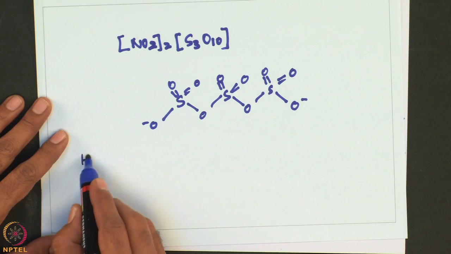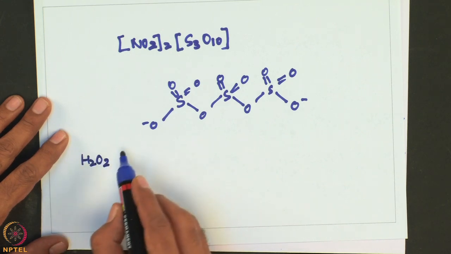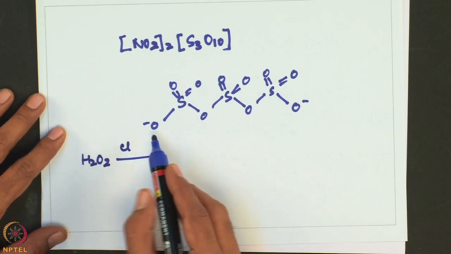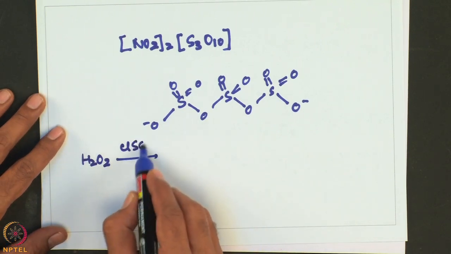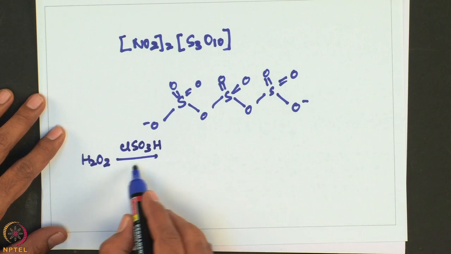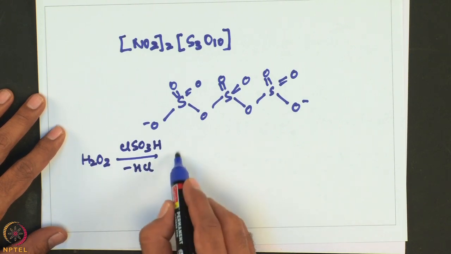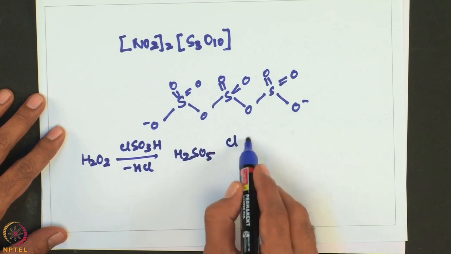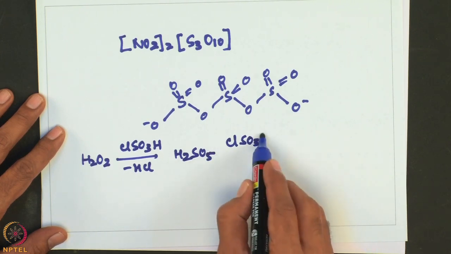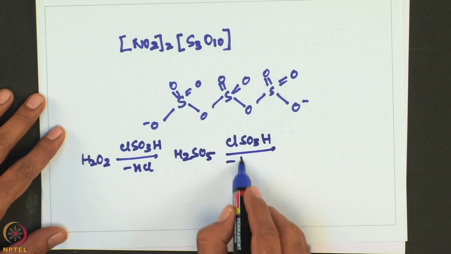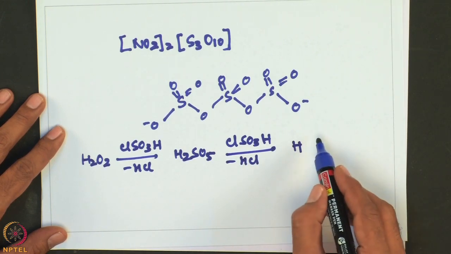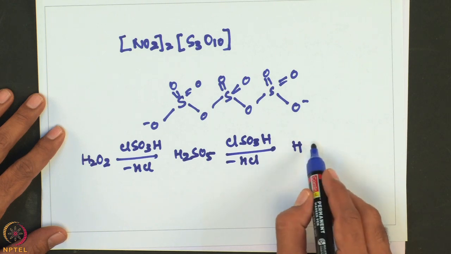For example, H2O2 with chlorosulfuric acid, chlorosulfonic acid, gives H2SO5. Again, treatment with another equivalent of chlorosulfonic acid liberates 1 mole of HCl to form peroxodisulfuric acid.